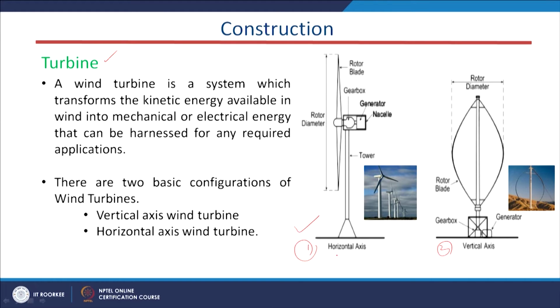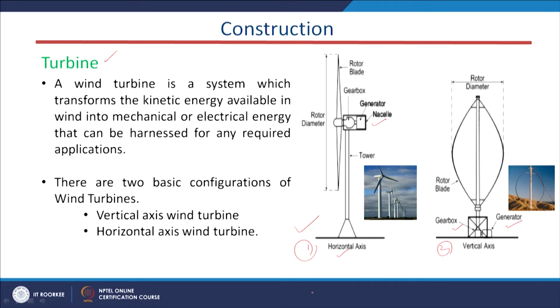The first difference is that in the horizontal type of wind system, the generator and the gearbox are mounted on the top of the tower. This is our tower, but in the vertical case the generator and gearbox are mounted on the bottom. That is the basic difference.